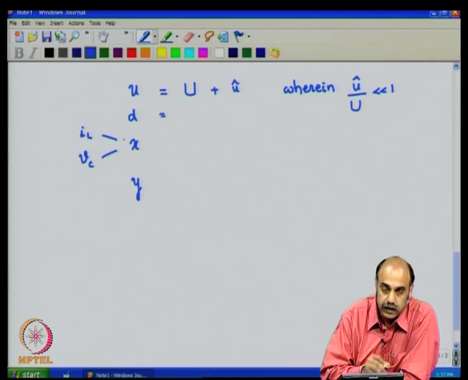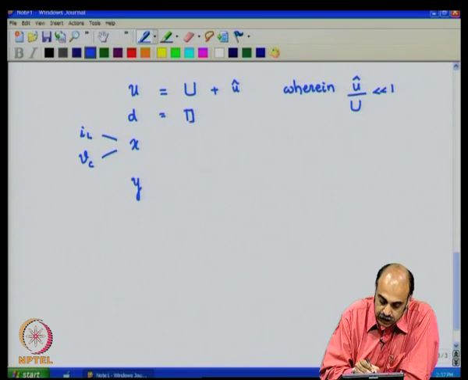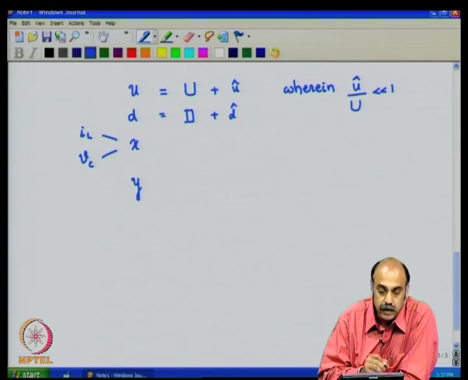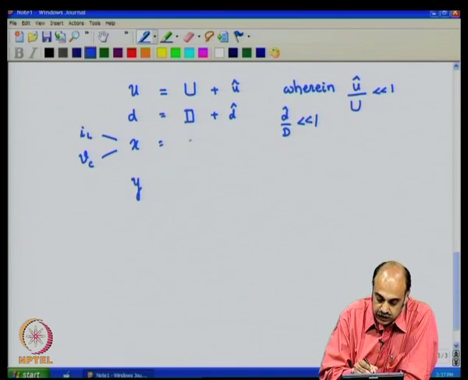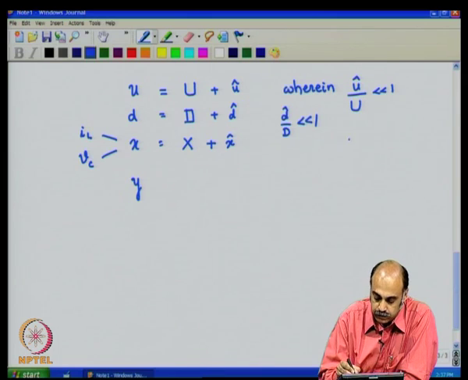Likewise, the duty cycle large signal value has a steady state part indicated by uppercase D plus a small signal part lowercase d. d hat by D of course is much less than 1. Likewise, the states have the steady state part and the small signal part.